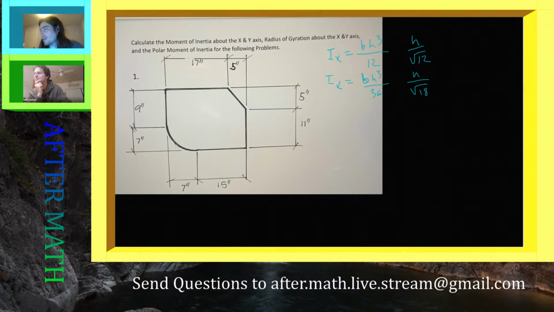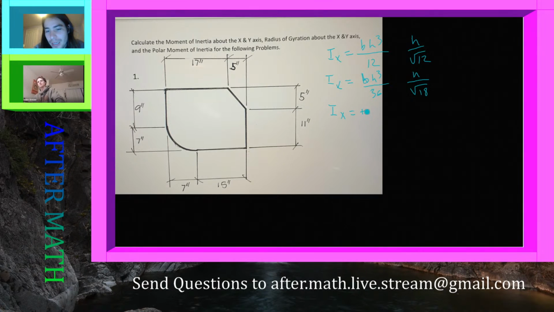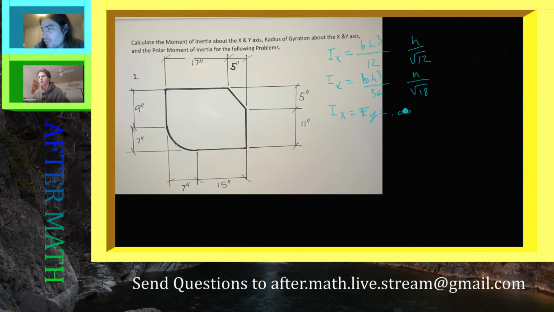And then for a quarter circle, we have Ix is equal to Iy, which is equal to 0.055 r to the fourth.